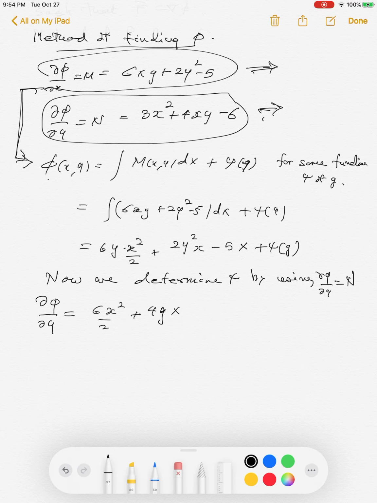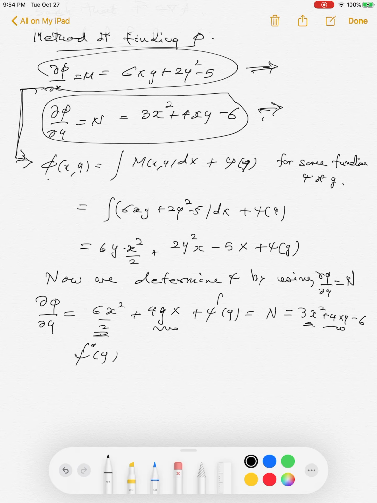I get 6x squared by 2 plus 4xy, 5x will go away, plus psi prime of y, and that is equal to N, and N was 3x squared plus 4xy minus 6.